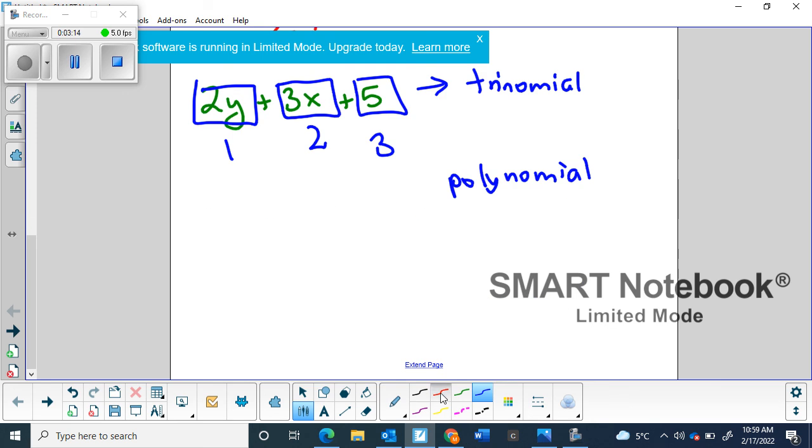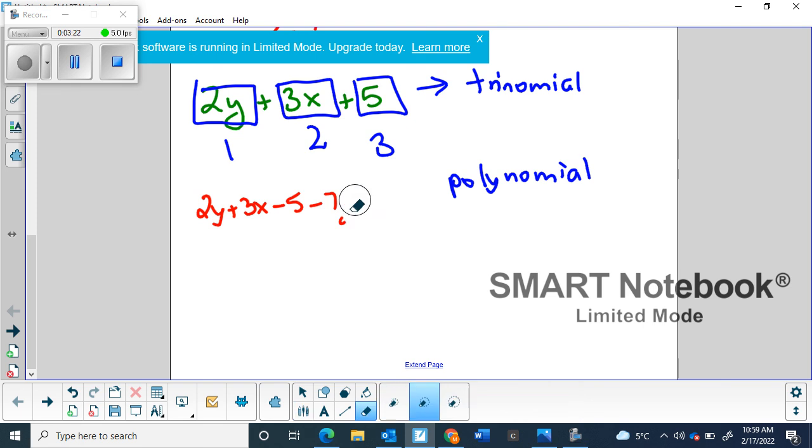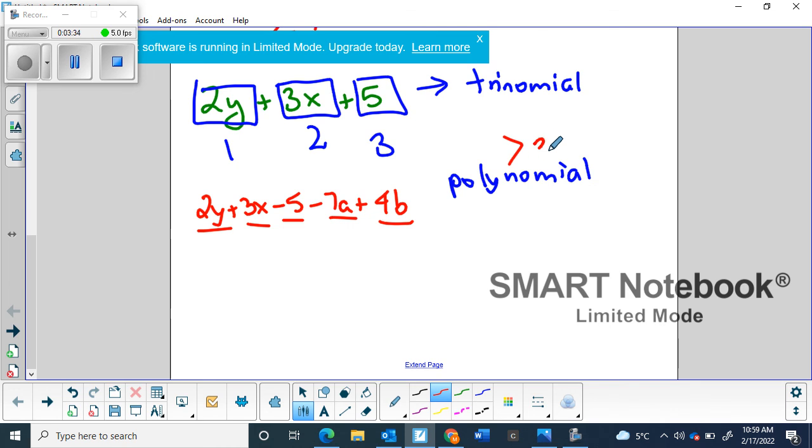So for example, if I had 2y plus 3x minus 5 minus 7y minus 7a plus 4b, that's 1, 2, 3, 4, 5 terms. A polynomial is just more than 3.